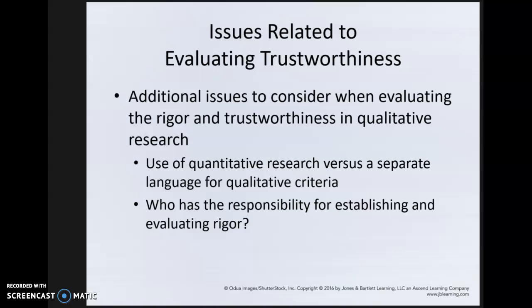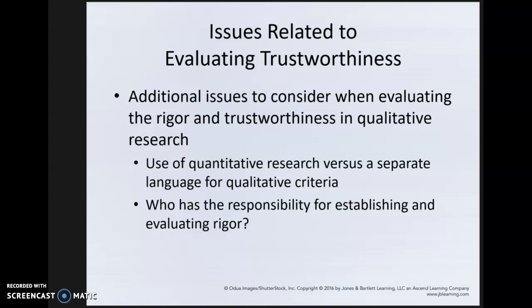So just tying things together as far as issues related to evaluating trustworthiness, really think about the use of quantitative research versus a separate language for qualitative research. So it's two different things, and it's really important to know the two sets of language, so to speak.